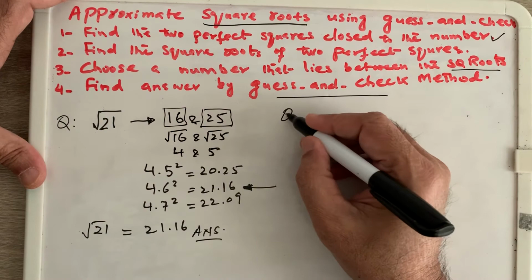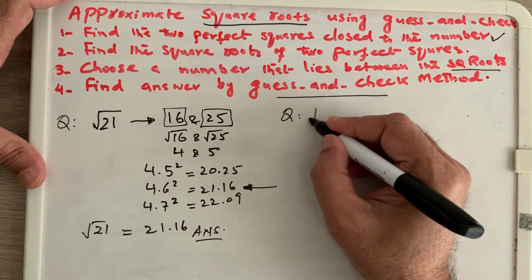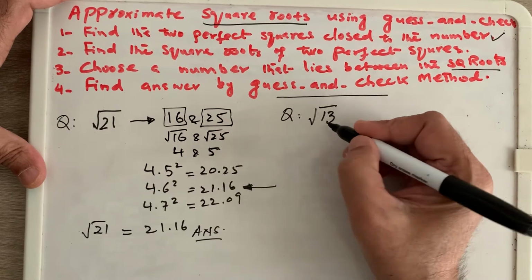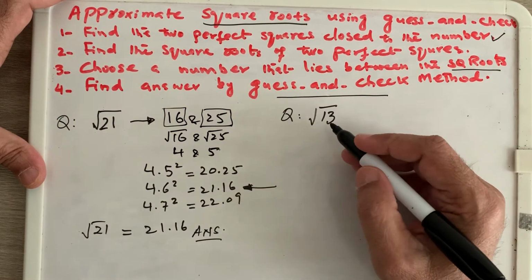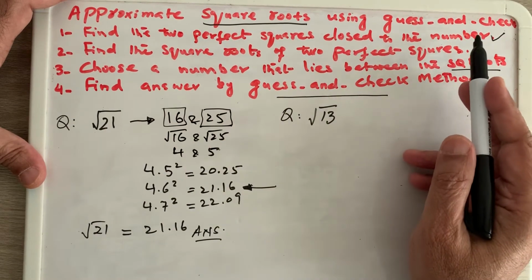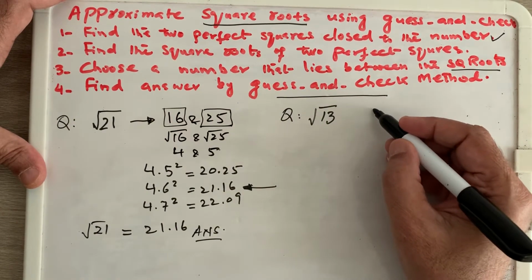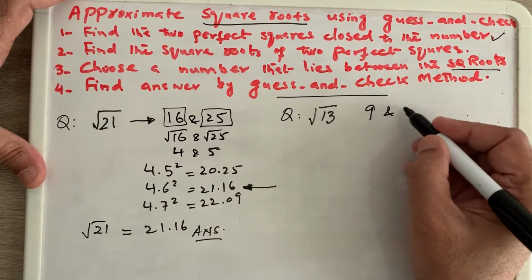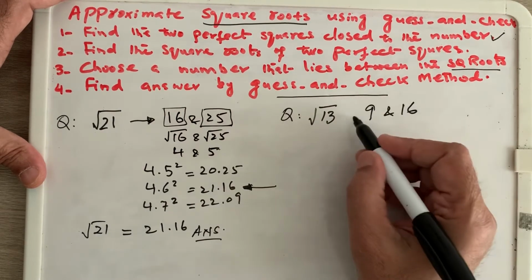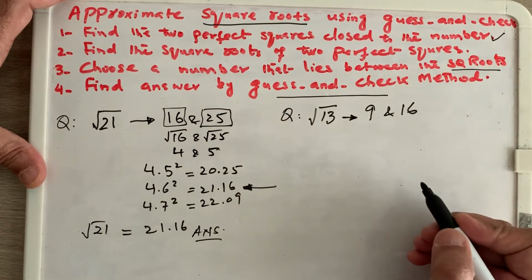So let's take another example. Let's say under root 13. Now under root 13, first step, find the two perfect squares close to the number, close to 13. My numbers would be 9 and 16. 13 lies between these two, and 9 and 16 are the two perfect squares, right?